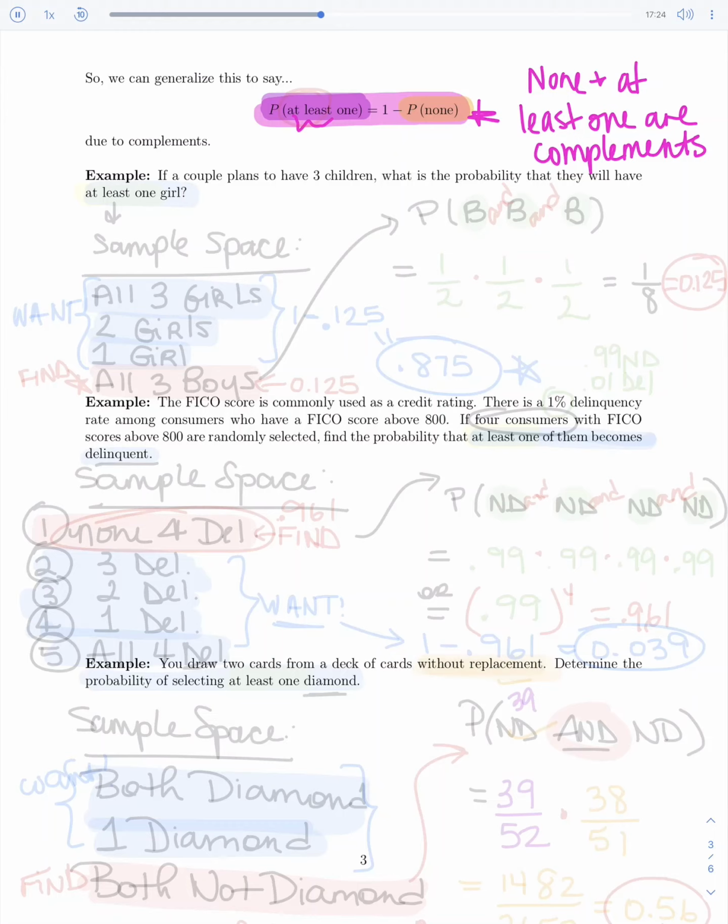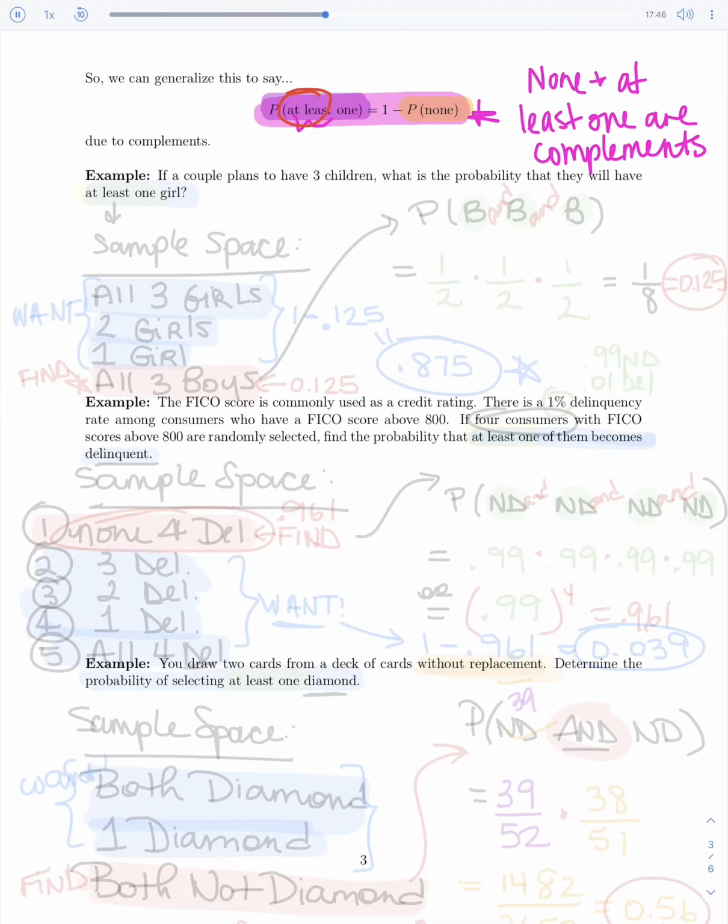So whenever we see this wording of at least one, that's what's going to make us think that we need to use complements, and it will make our lives a ton easier. So in this first one here, I have: if a couple plans to have 3 children, what is the probability that they will have at least one girl?